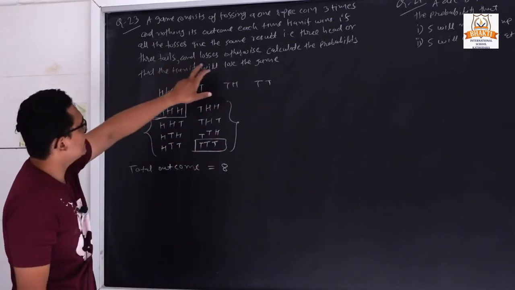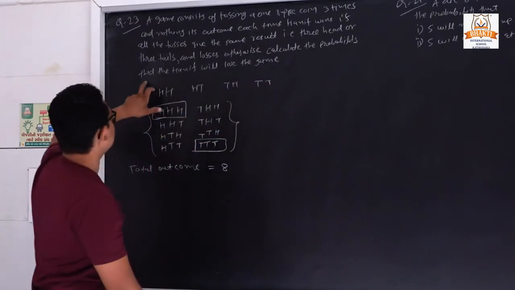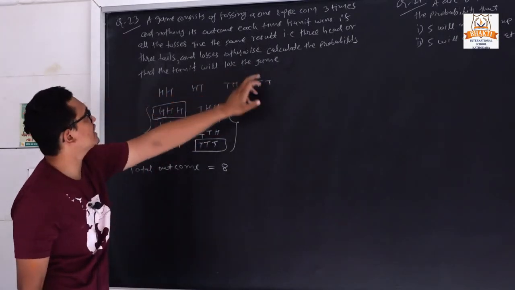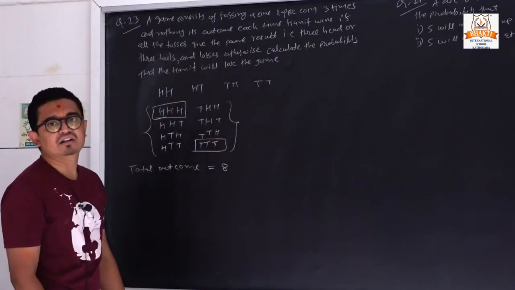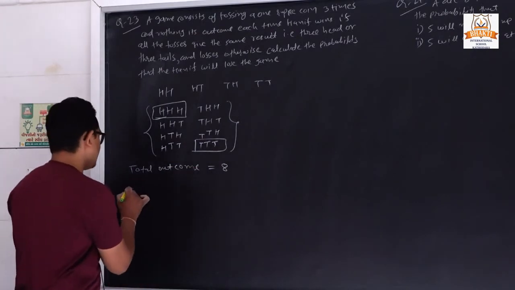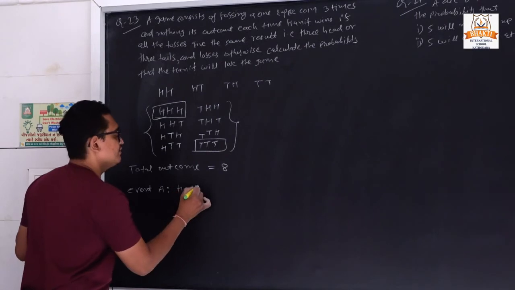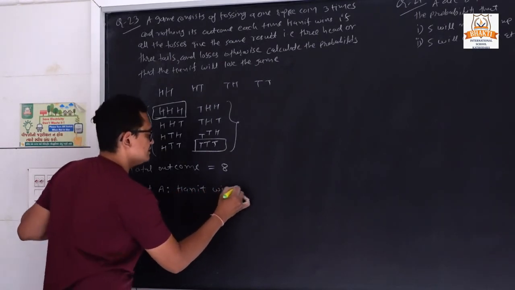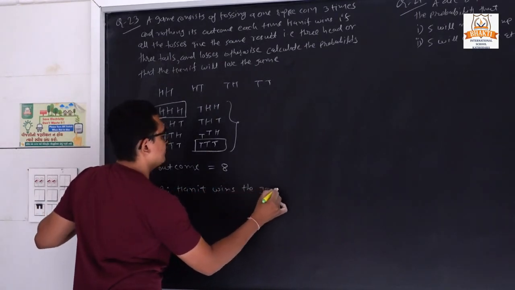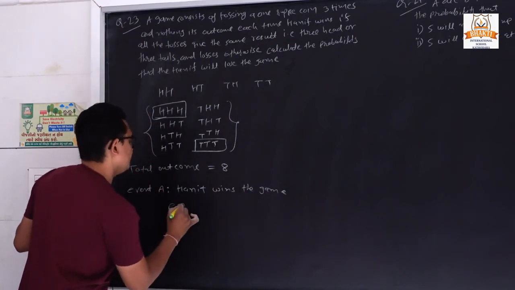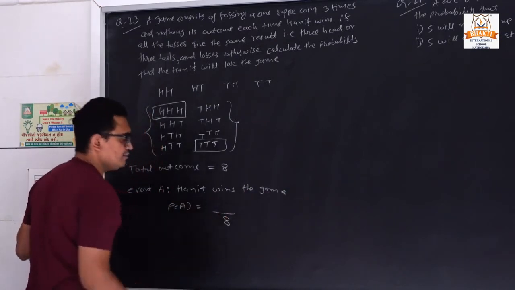So they are saying calculate the probability that Hanif will lose the game or win the game. So first of all, event A, Hanif wins the game. So P of A. So how many total outcomes?